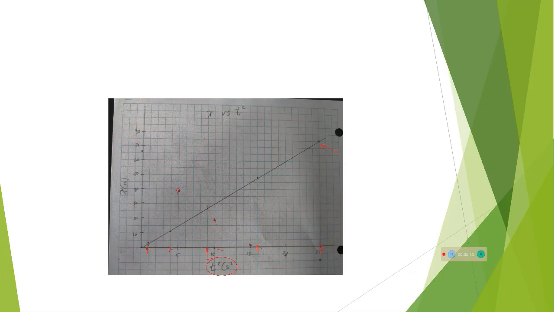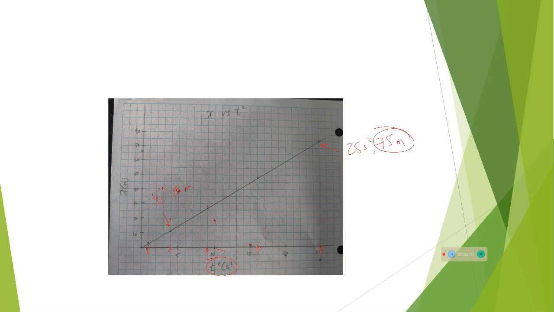So if I grab this guy right here, that is 25 seconds squared, comma, 75 meters. And this guy right here is 4 seconds squared, comma, 12 meters. And so I find the slope. What's the slope?